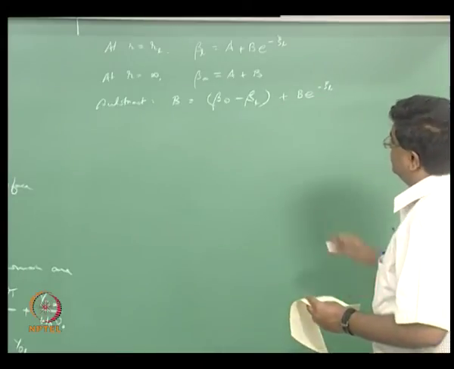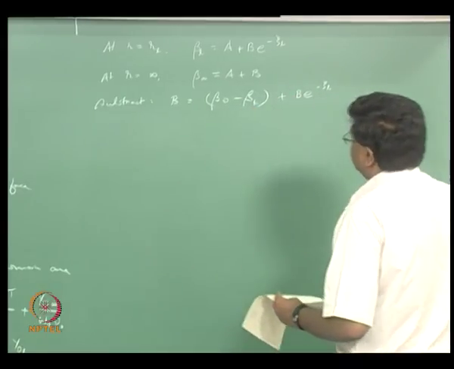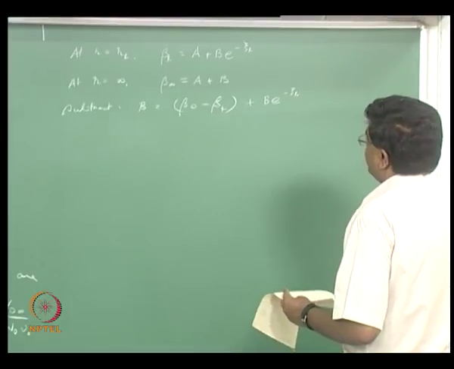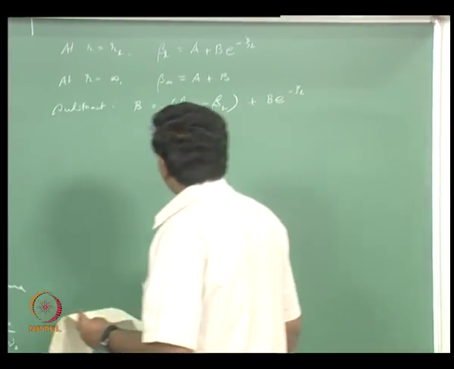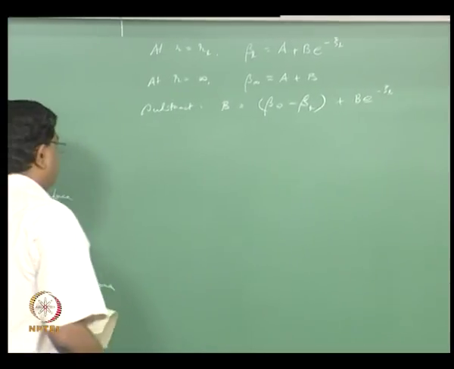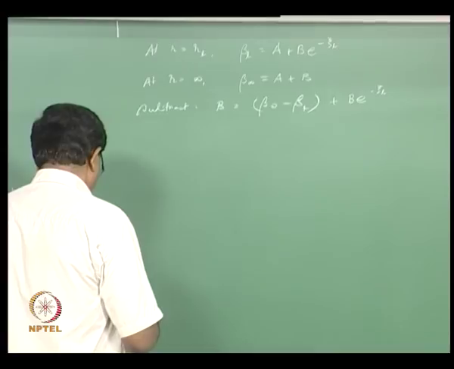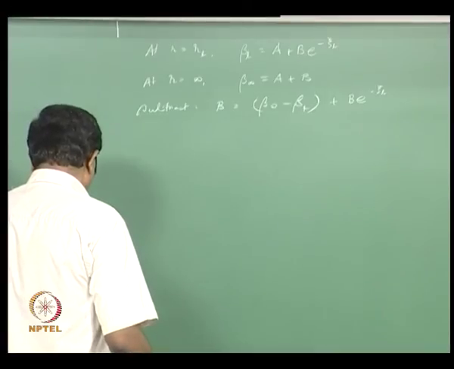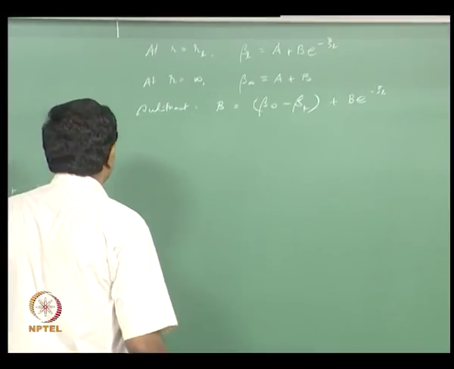That's true. So b equals beta infinity minus beta L plus b e to the minus psi L. Then the question is, what is beta infinity minus beta L?